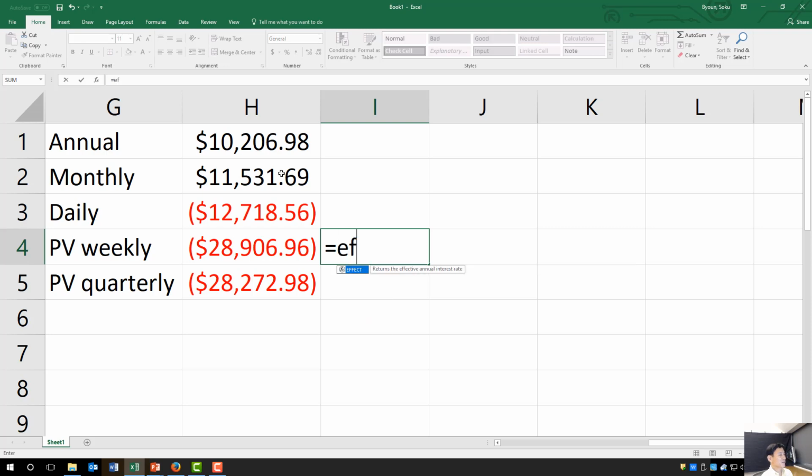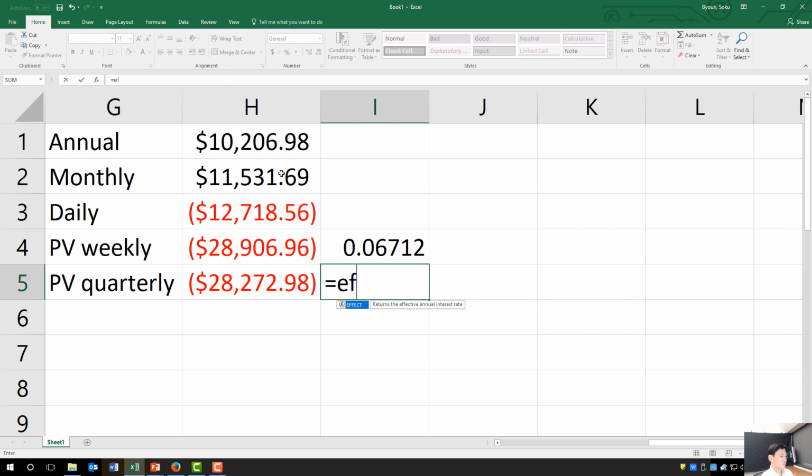And if we calculate the effective annual rate, which we will discuss in the next slide, effect is given as APR 0.065, and number of periods is weekly 52, and you have 6.712%, which is lower than even 7%.